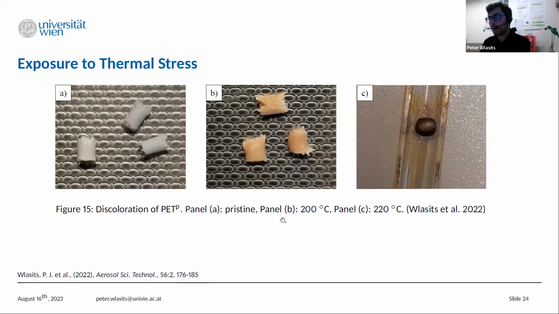After some time at 200 degrees Celsius, the pellets start turning brownish, and after very many measurements and a long time at 220 degrees Celsius, the pellets actually start to melt a bit and get really dark. So this is, as I would say, probably a hint for some kind of oxidation process, but we don't know for sure with the instrumentation that we used.